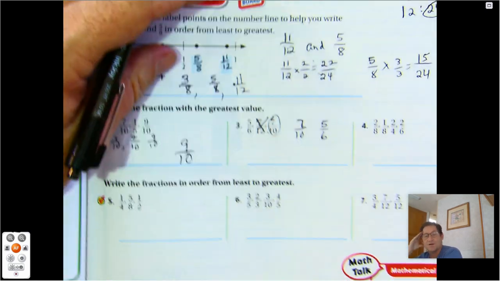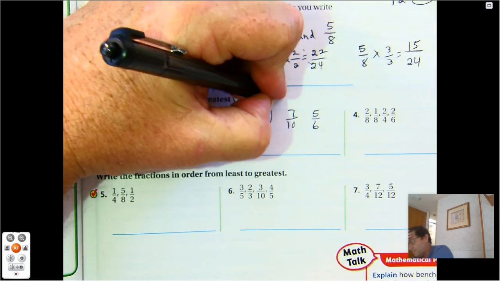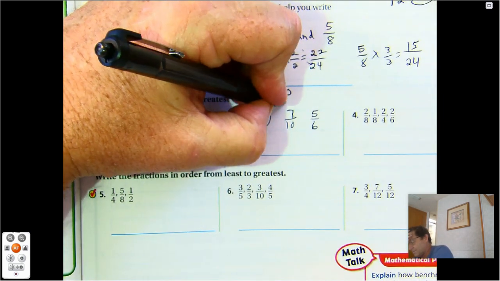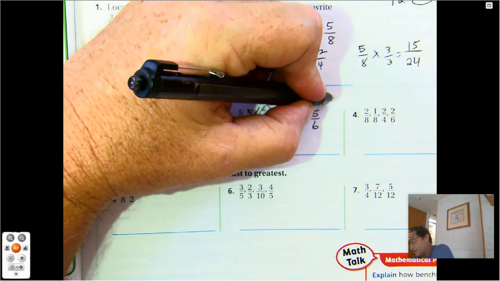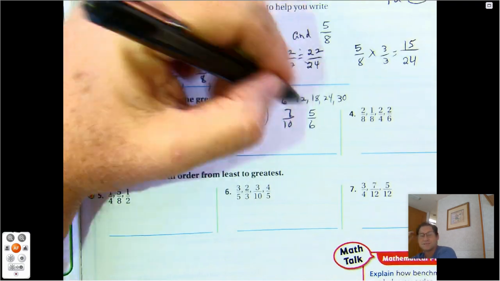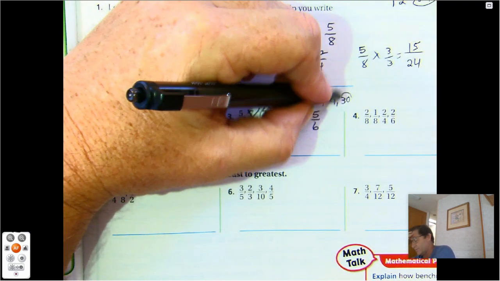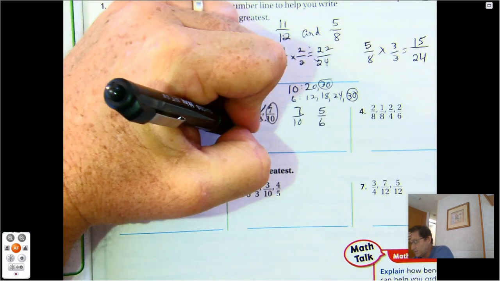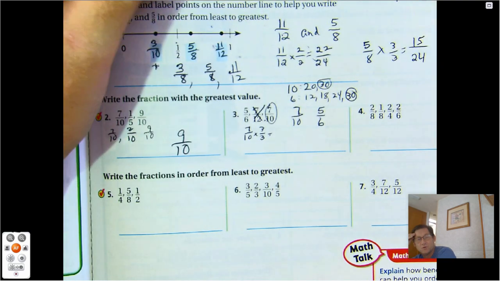Okay, so let's find a common denominator. 6, 12, 18, 24, 30. I'm going to stop there because I know 10 can become 30. So we're going to turn both of these fractions into 30ths. 7/10 I'm going to multiply by 3.